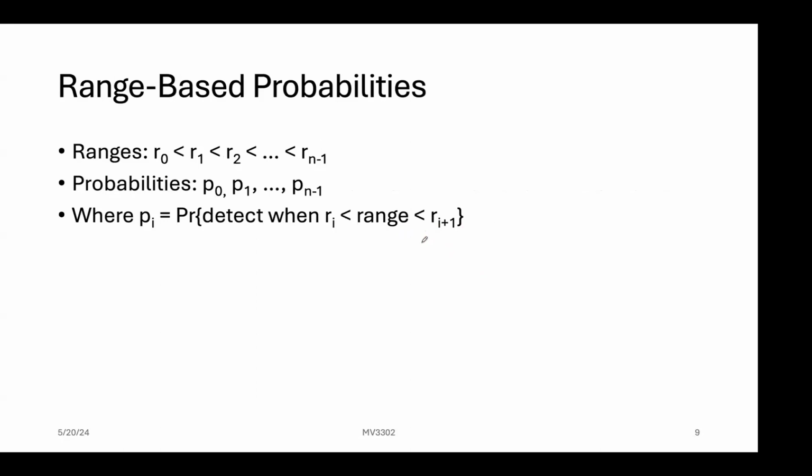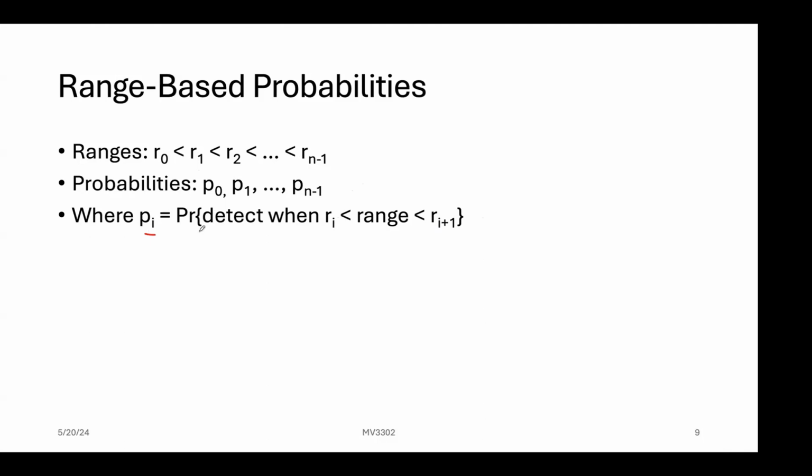So what that means is that we can define our series of ranges, and for each of the ranges we have a probability. Basically, when we're within a certain range, then we have that certain probability there.